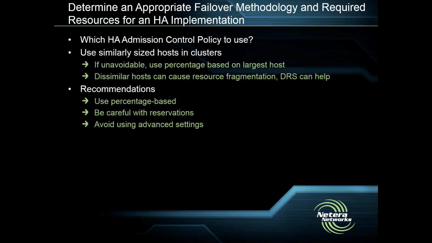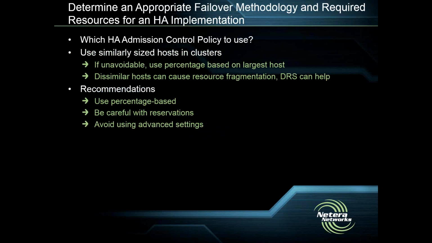So wrapping up here, or at least we're about a couple slides away. One of the final points in the blueprint is to determine an appropriate failover methodology and required resources for an HA implementation. So the idea is, if you were asked to design an HA cluster, what would you have to consider, right?